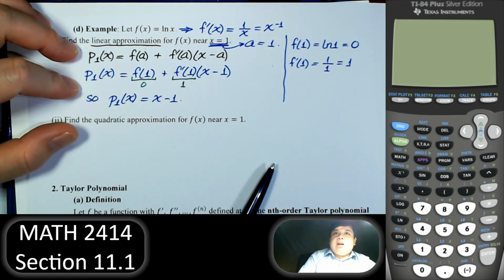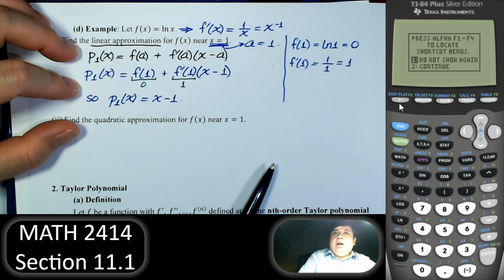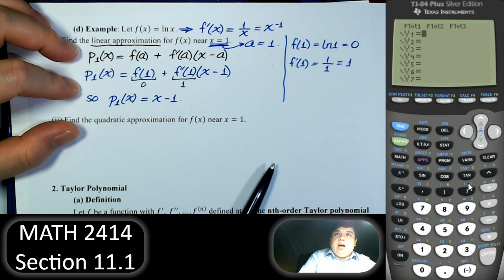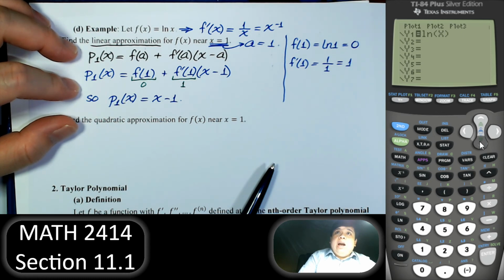Let's see how that works. We have the function ln of x and the equation of the tangent line, x minus 1. Let me zoom in.